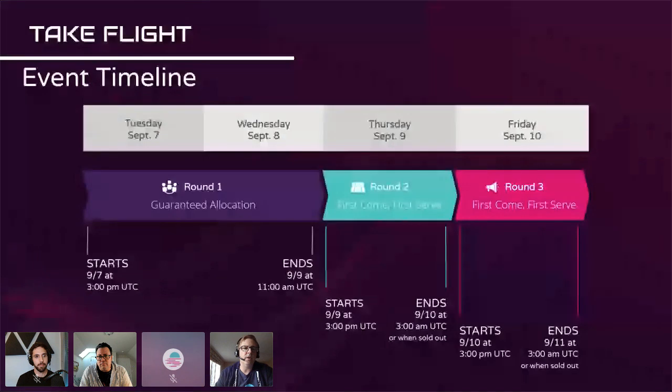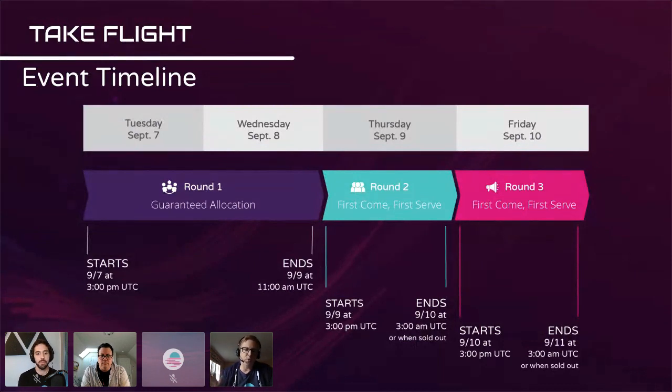The first round includes very early supporters, Moon River crowdloan participants, Moonbeam ambassadors, and the Pokepet holders that submitted their emails to us. So this group has guaranteed allocation, and it starts on September 7th at 3 p.m. UTC and goes until the 9th at 11 a.m. UTC.